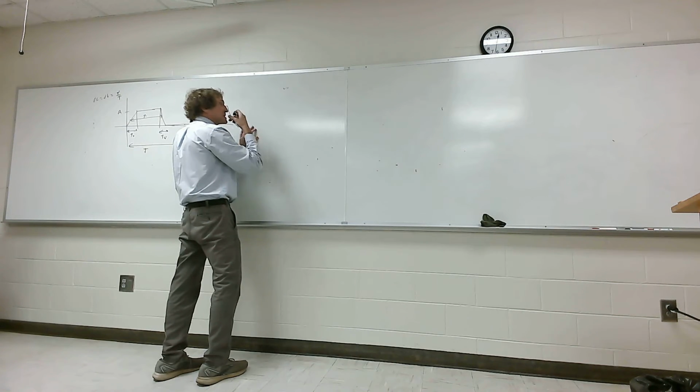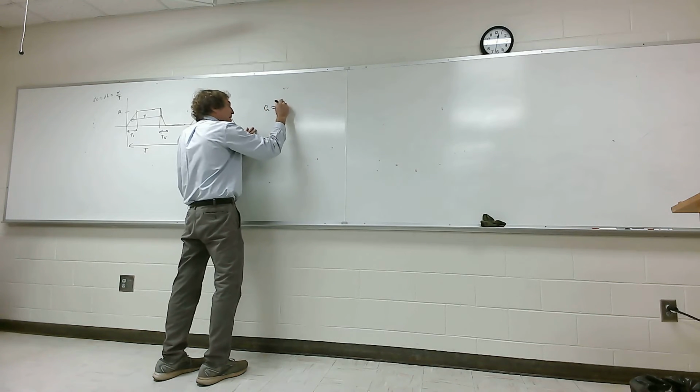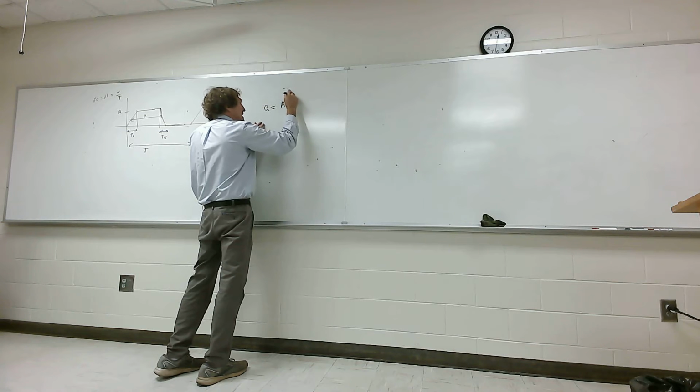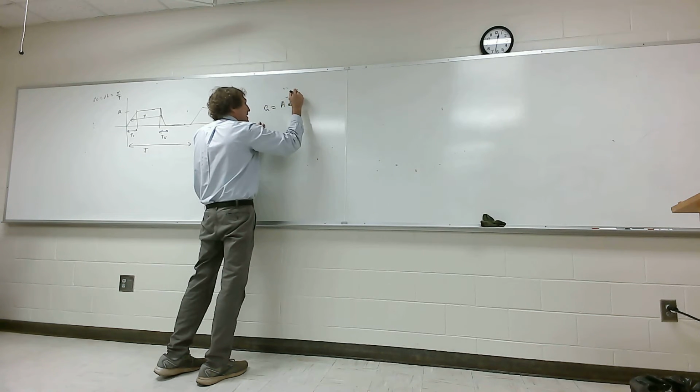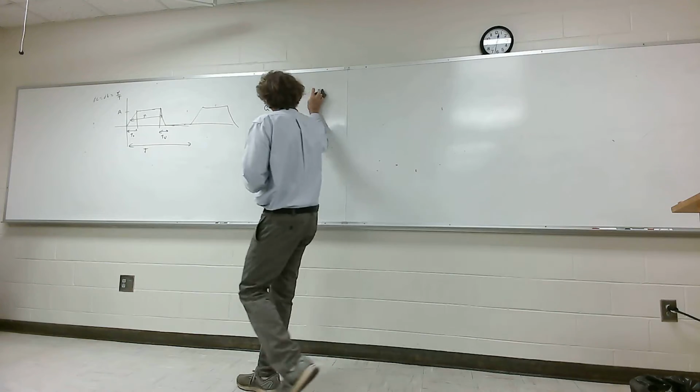Remember that I said that the C of n value for that was really A, and it was e to the minus j n, and this is going to be actually, let me do it this way.